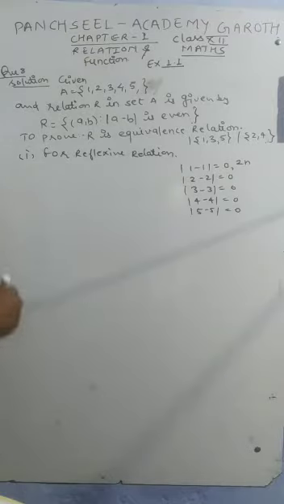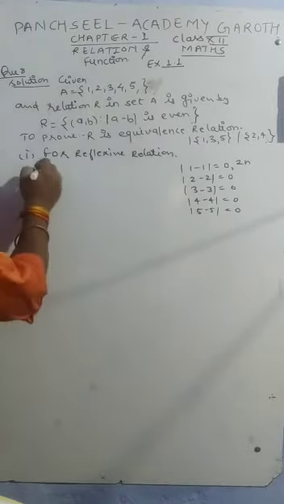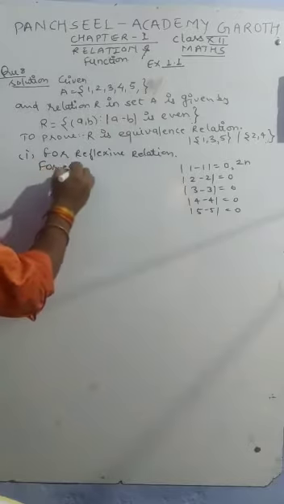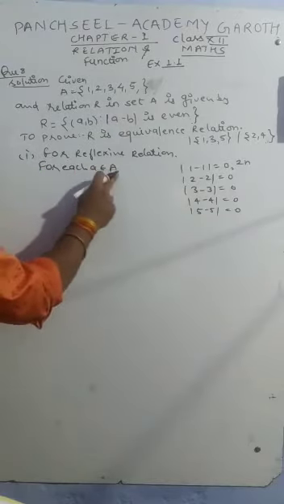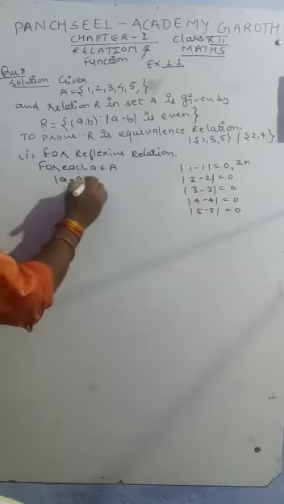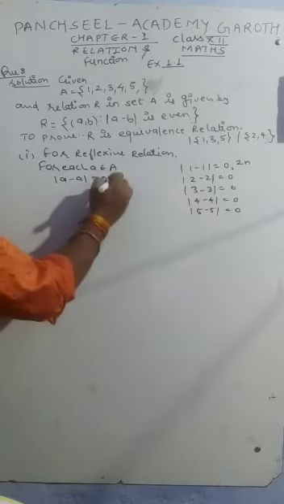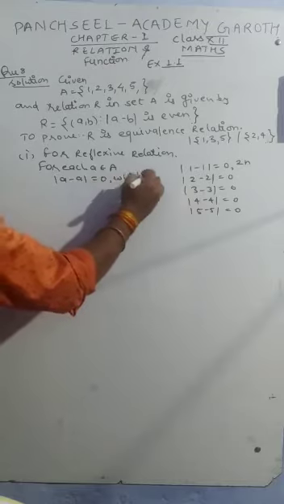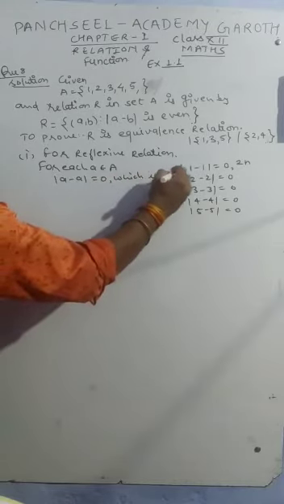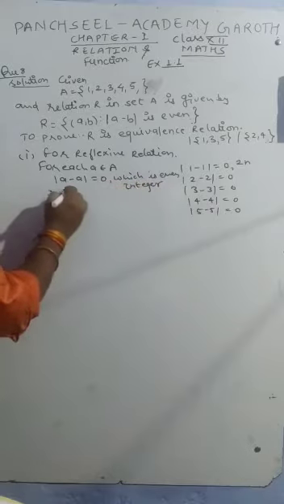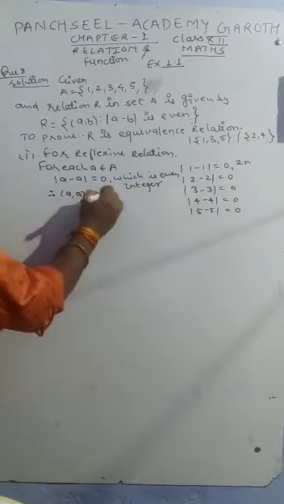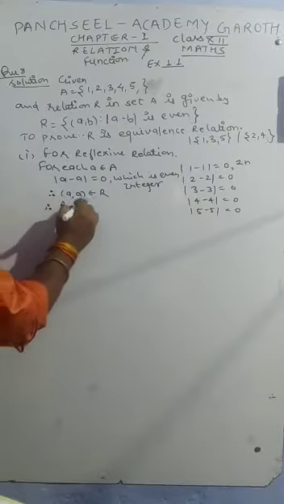For reflexive relation, for each element A belongs to A, modulus of A minus A is equal to 0, which is an even integer. Therefore, the ordered pair (A, A) belongs to R.